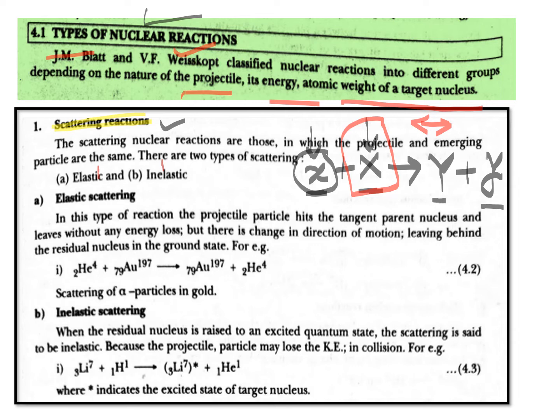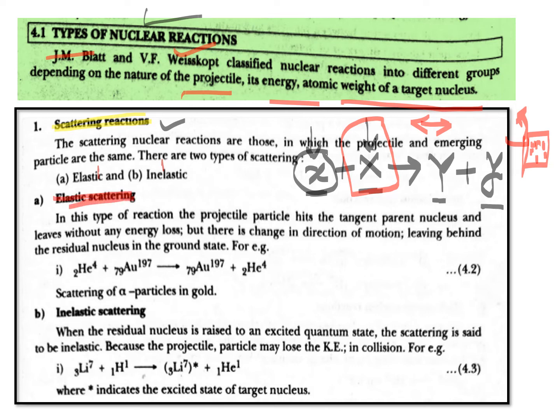They just come together and go ahead, just like in the Rutherford experiment. In the Rutherford experiment there was a gold foil with gold nuclei, and when an alpha particle is bombarded there, it just gets scattered from the nucleus, and there is no interaction between the alpha and the nucleus of the gold foil. Such a reaction is called elastic scattering.